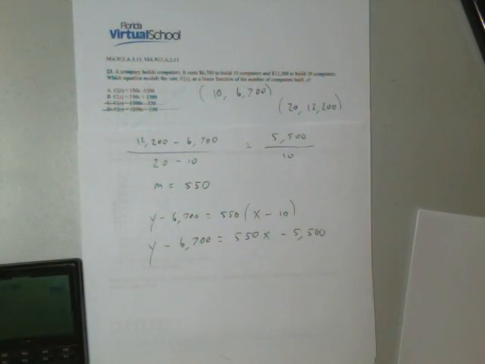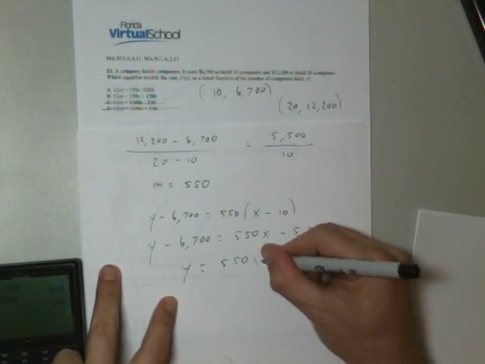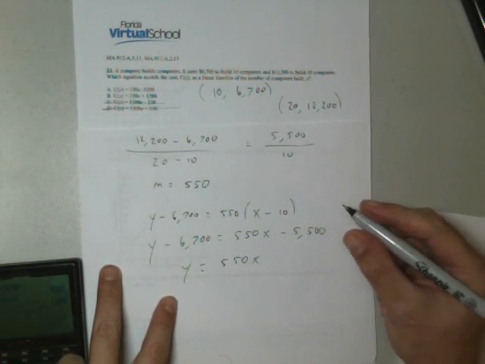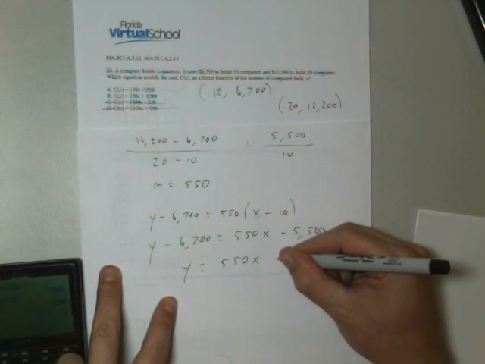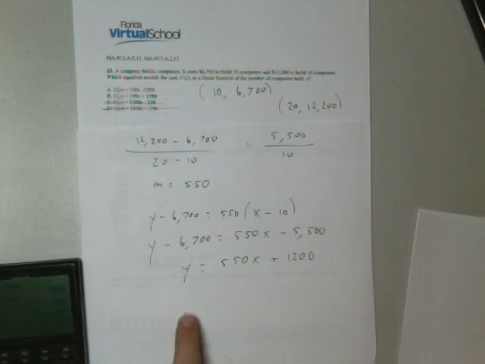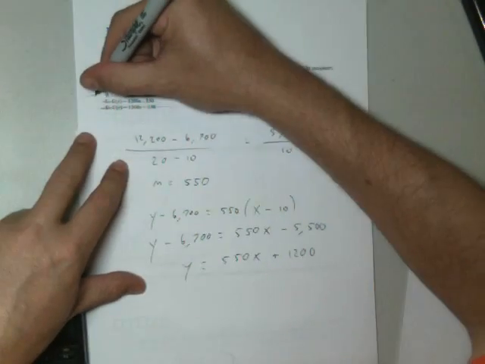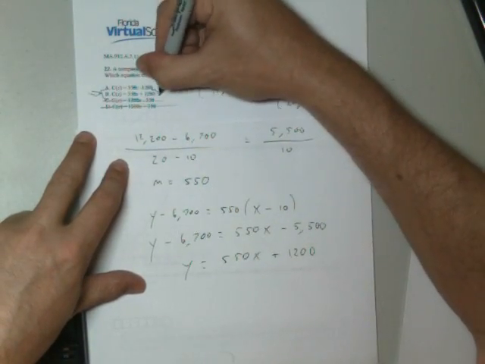Add 6,700 to both sides. y equals 550x plus 1,200, which is answer choice B.